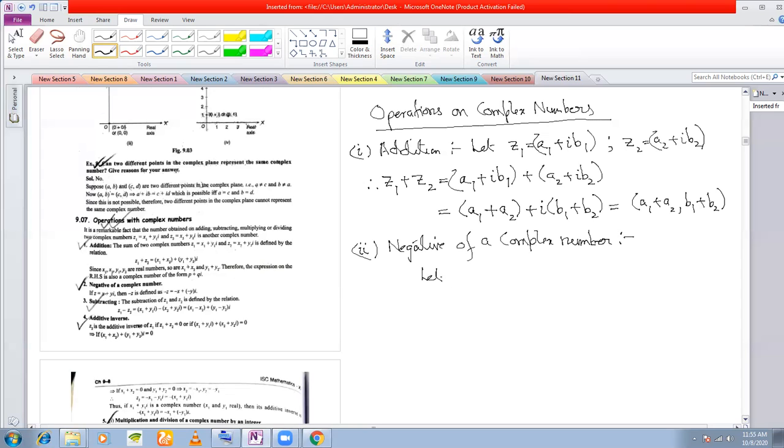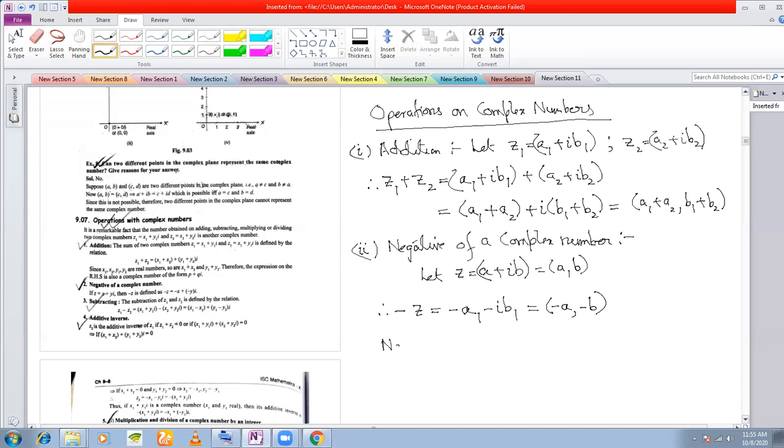Let us say I take z is equal to a plus ib, which obviously can be written as (a, b) also. Then we define the negative of a complex number as minus z is equal to minus a minus ib, where we change the signs of the real part as well as the imaginary part. In terms of ordered pairs, we write this as (-a, -b).